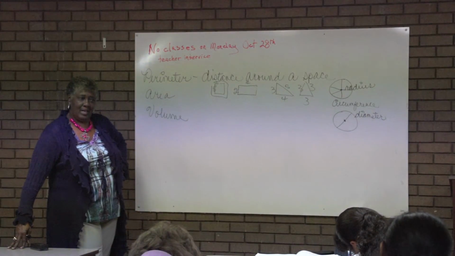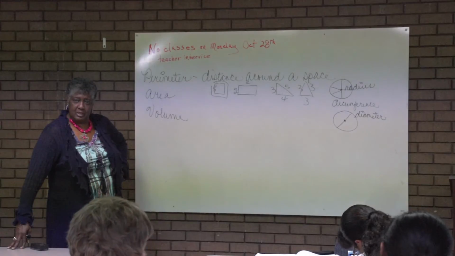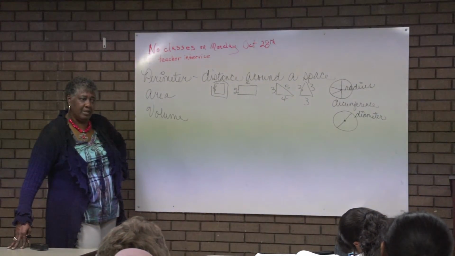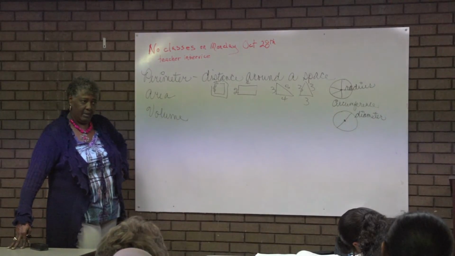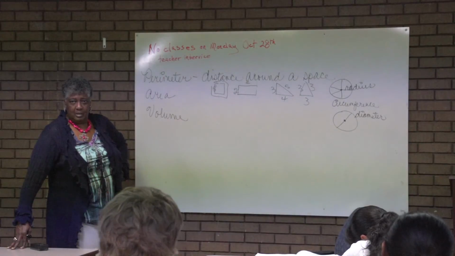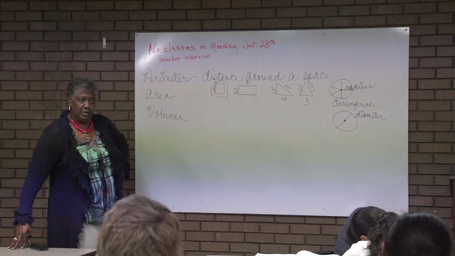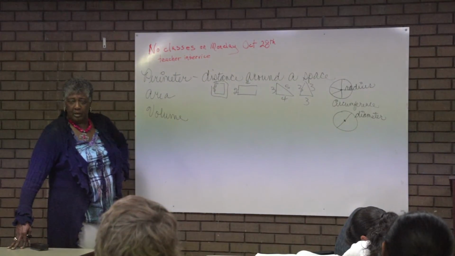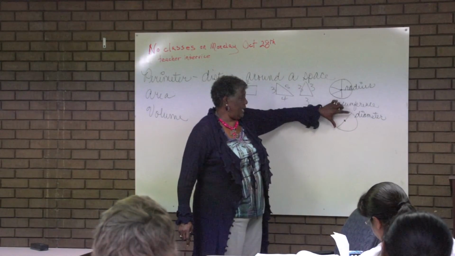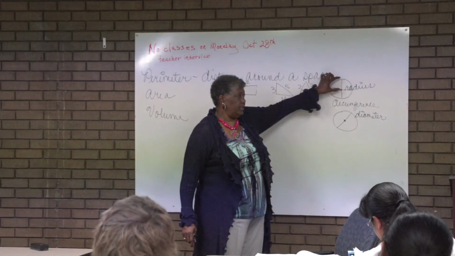When we are finding the area, we're going to use a radius. And they will try to trick you. They will give you a radius when you need a diameter. They'll give you a diameter when you need a radius for the formula. But you're not tricked if you know which one you need and know what they are. Because if they give me a radius and I need a diameter, what do I need to do with that radius?